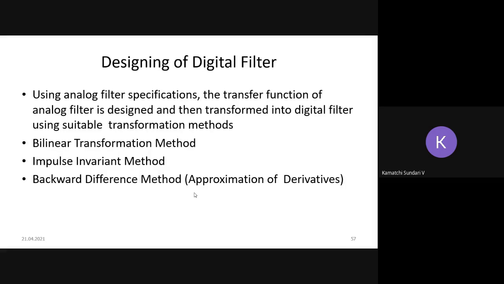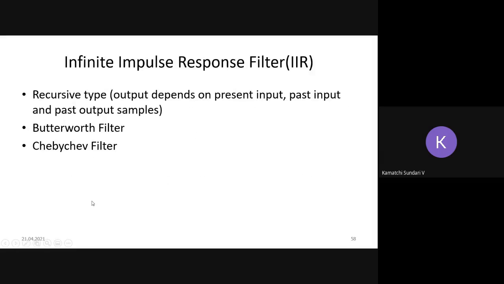You should remember the transfer function of the analog filter is represented with capital H of s, whereas the transfer function of the digital filter is H of z, right? So H is the transfer function here. H of s is the transfer function of the analog filter. H of z is the transfer function of the digital filter. So a conversion from H of s to H of z is obtained with these three methods.